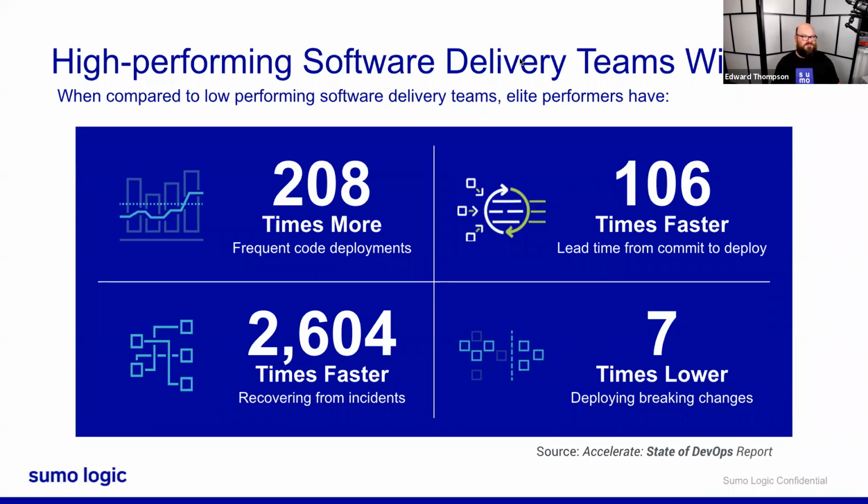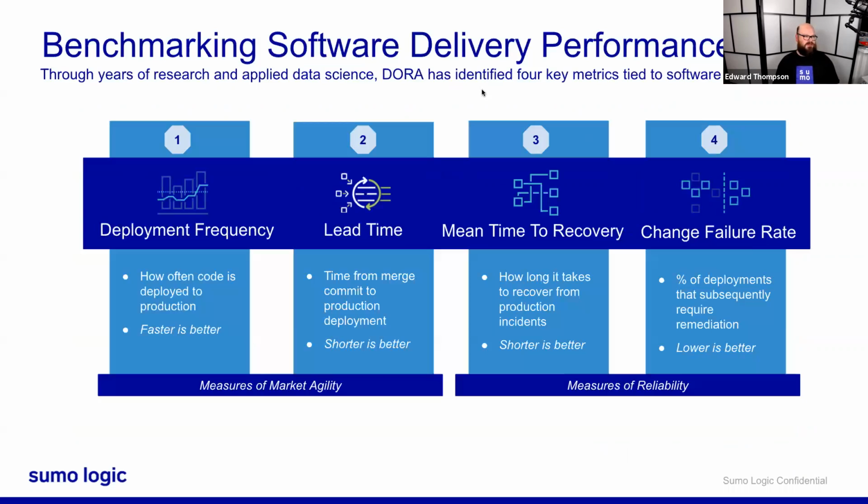Basically, the highest performers deploy code much more frequently. They have a much faster lead time from commit to deploy. They are many times faster at recovering from incidents, and they have far fewer deployments of breaking changes to their environment.